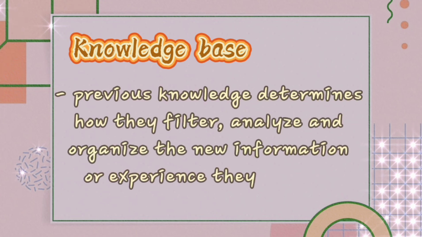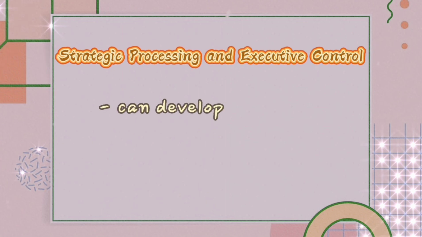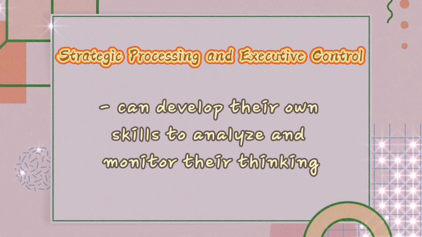The knowledge base. The learner's previous knowledge determines how they filter, analyze, and organize the new information or experience they receive. Based on this, they can also determine whether it's useful, relevant, or not. Strategic processing and executive control.